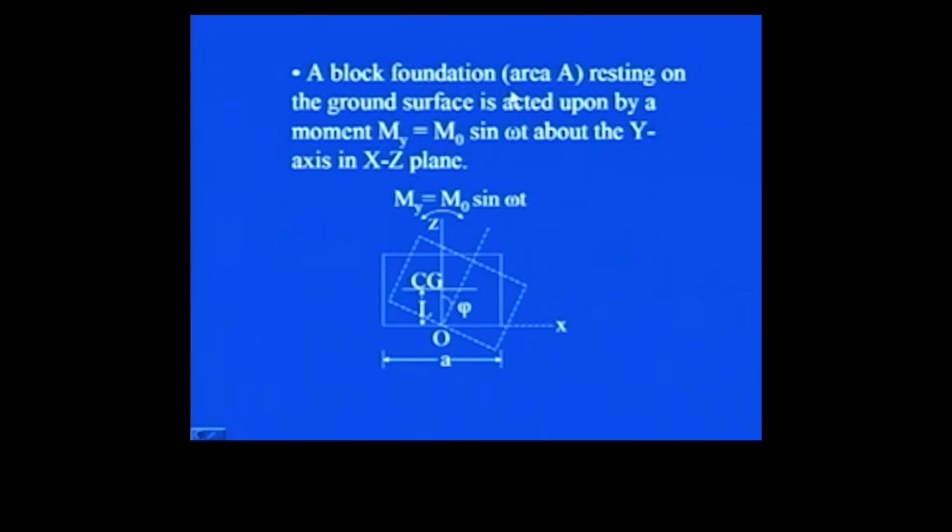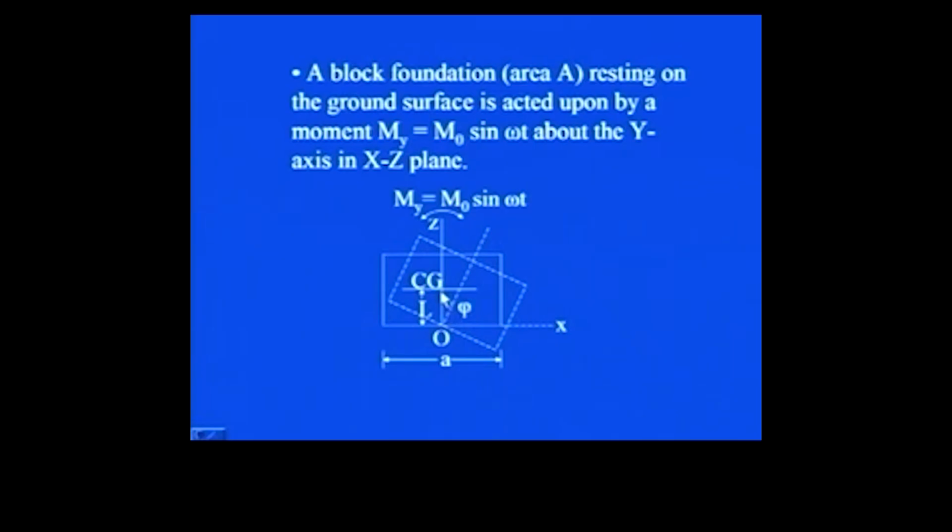So, a block foundation with area A resting on the ground surface is acted upon by a moment My, which is equal to M naught sin omega t, about the y axis in the xz plane. You can see that this is your xz plane, and perpendicular to that, if you apply the moment, the rotation of the block will take place in this manner, which has been shown by the dotted lines.